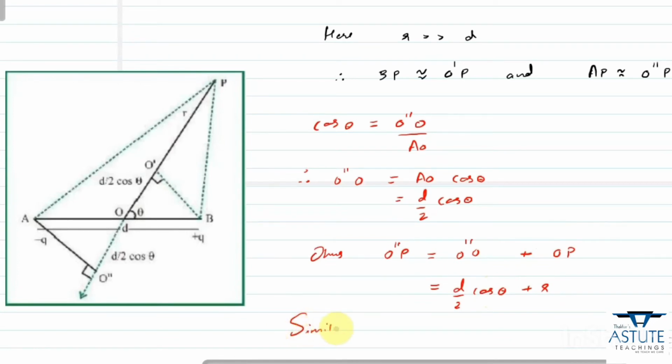In the same manner, we can find out the value of O dash P as well, right? You can see in the diagram that O dash O is d by 2 cos theta. Thus, O dash P will be equal to r minus d by 2 cos theta. So you can write it directly here that O dash P is r minus d by 2 cos theta.